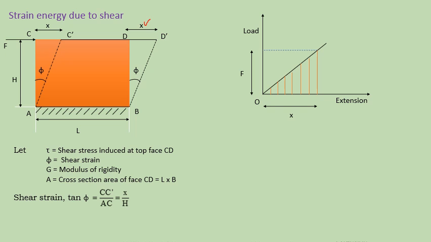CC dash is nothing but X, AC is nothing but H. Suppose this angle is very small, then we can directly write phi is equal to X by H. Next we know work done is equal to the area under the load extension diagram. The area of this diagram is half into base into height. The base is F, height is X, therefore half into F into X.